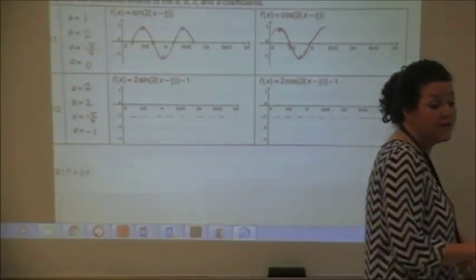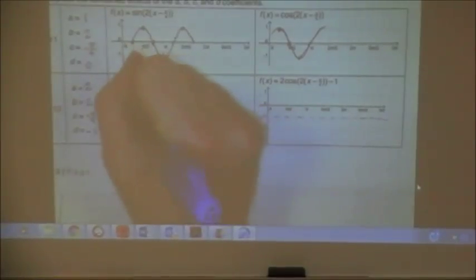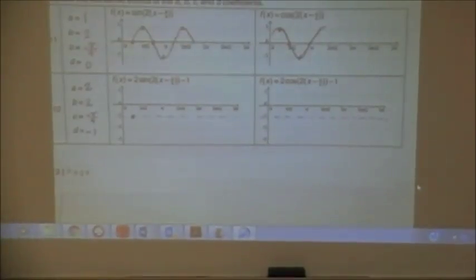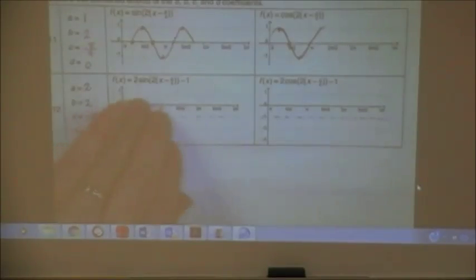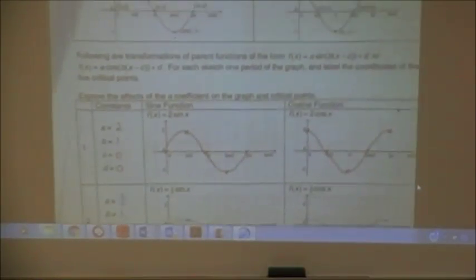I also know I'm going to go up how many? Because what's my amplitude? 2. I know that from there I am going to go up 2. Only thing I have to figure out is what about my horizontal compression? Before I go up, how far over am I going? So I can go back and look at my second critical point for sine, which was pi over 2.